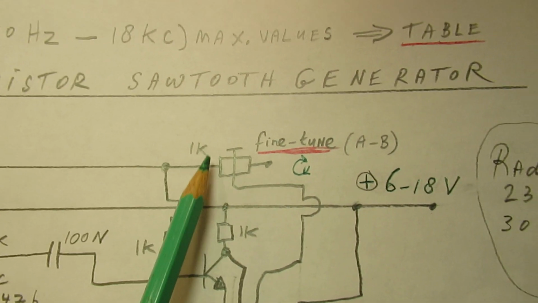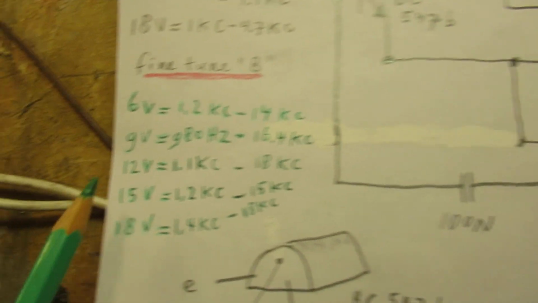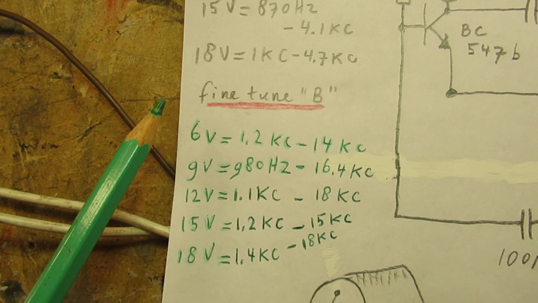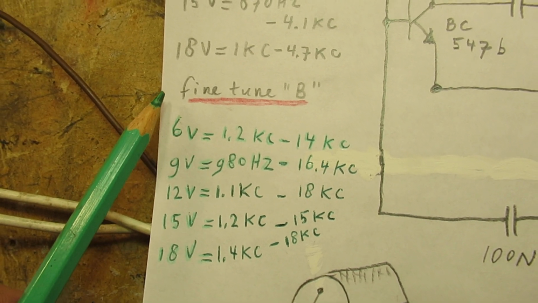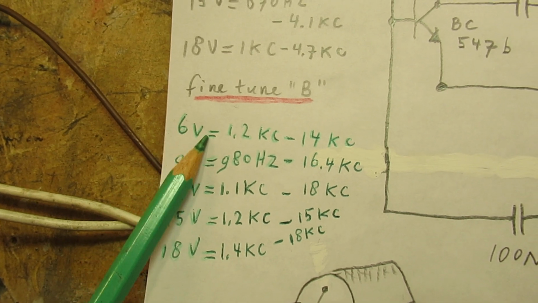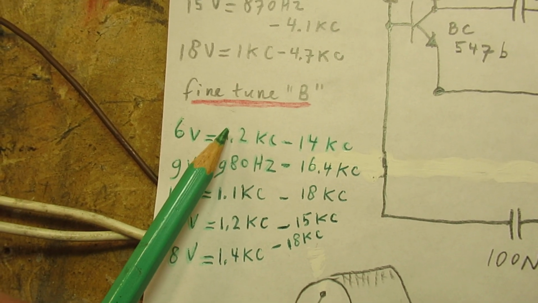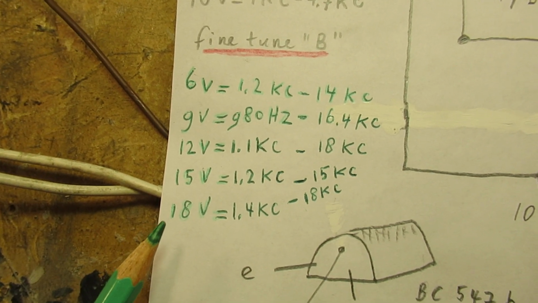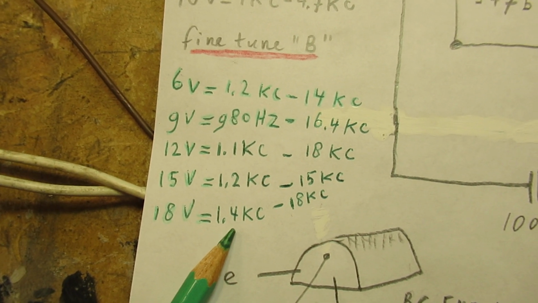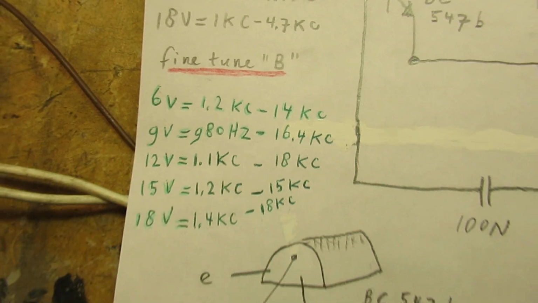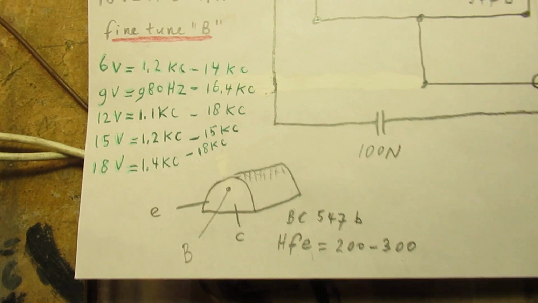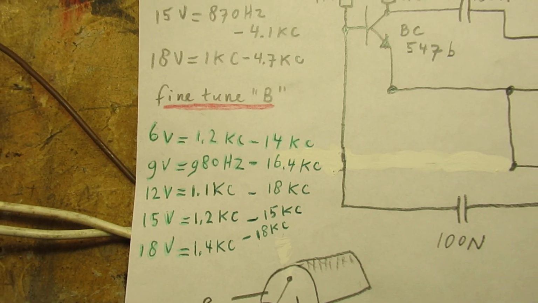But when you move that potentiometer to the other side here, you have a very big frequency band. 6 volts, 8.2 kilocycles to 14 kilocycles, and on 18 volts from 1.4 kilocycles to 18 kilocycles. Anyway, I think that's good information.